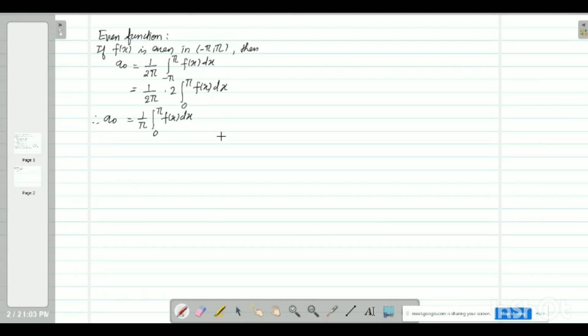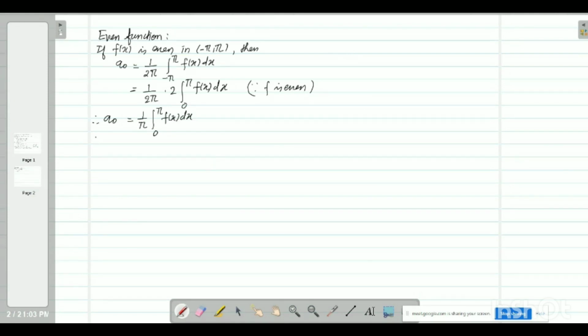A naught will be this. Why is this so? Since f is even function. If f is even, then you can write like this. There is one result, and what is the result?